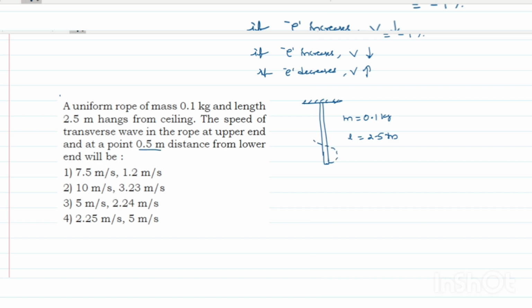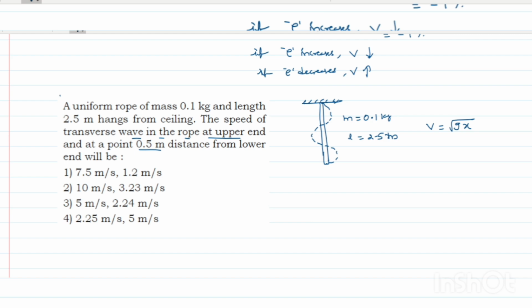So you are producing the transverse wave like this, and the wave is going to travel along the rope. They are asking for the speed. In the previous case we have seen the basic formula at a given distance: v equals root of g into x. At the upper end, x is the total length.